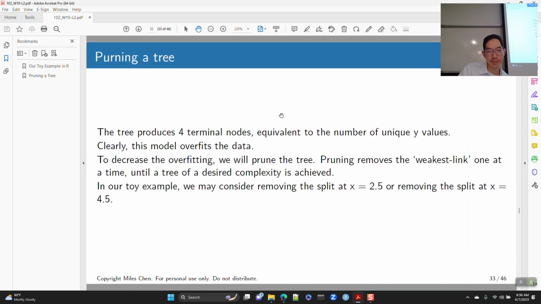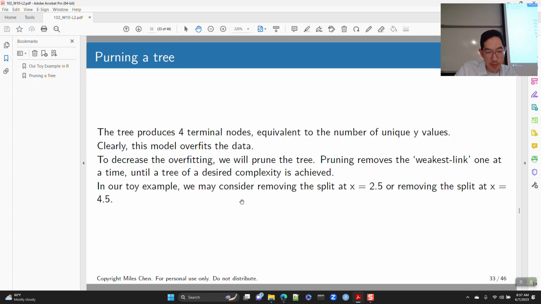So to decrease this overfitting, we would prune the tree. Pruning the tree, we remove the weakest link, the weakest branch or weakest split, one at a time until we reach the tree that looks like what we want.